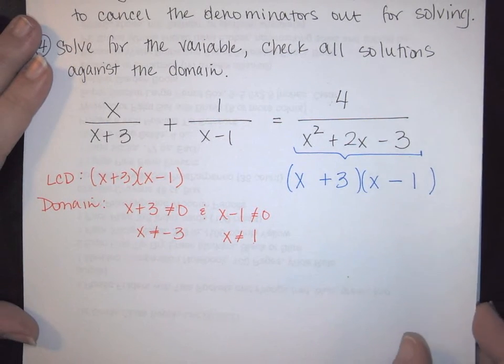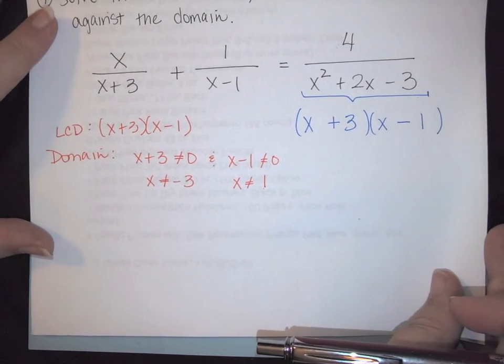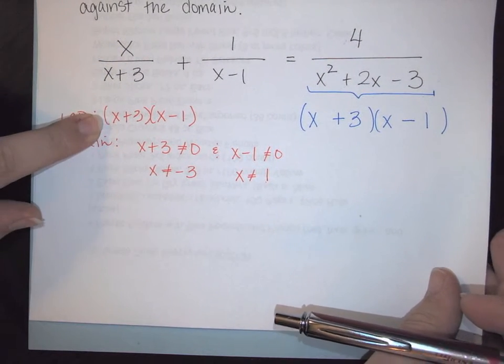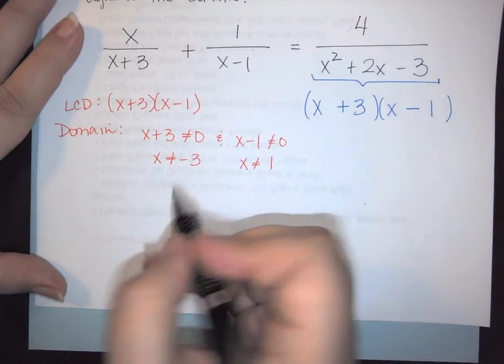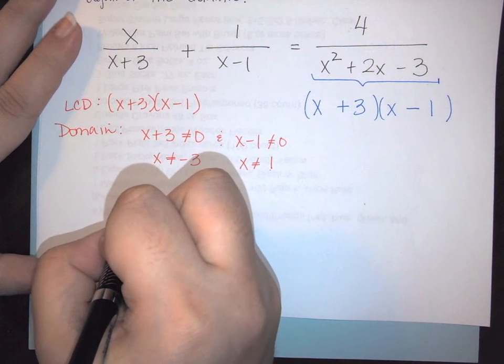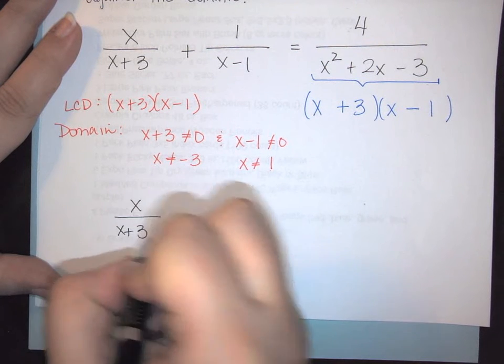Once you know that, the next step is you have to multiply the entire equation by that least common denominator. So let me rewrite the equation here. We had x over x plus 3.